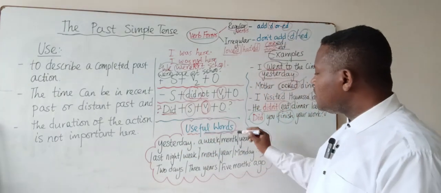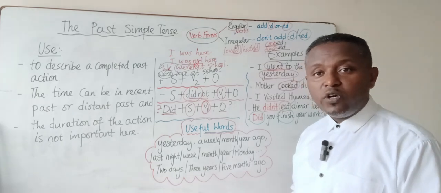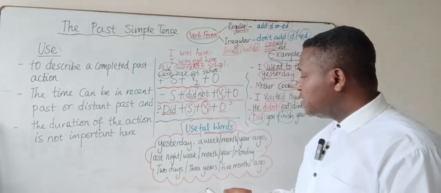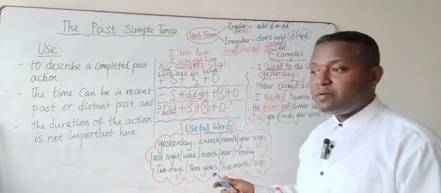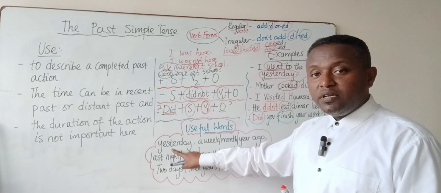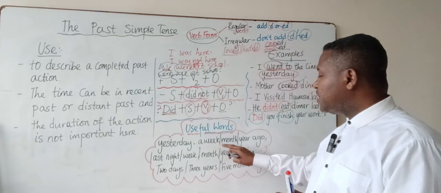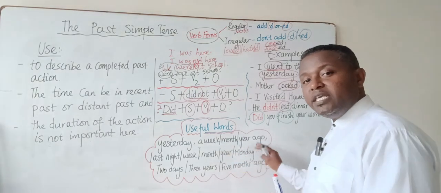Finally, what are some of the useful phrases or words that are signals or clue words to show that a sentence or structure is past simple? For example, yesterday is one common word. A week ago, a month ago, a year ago.